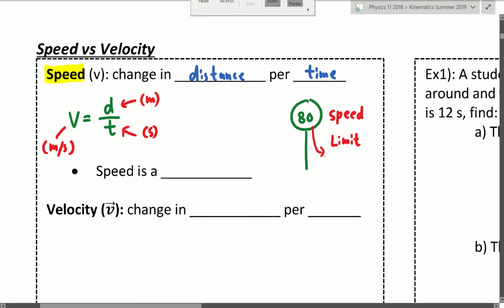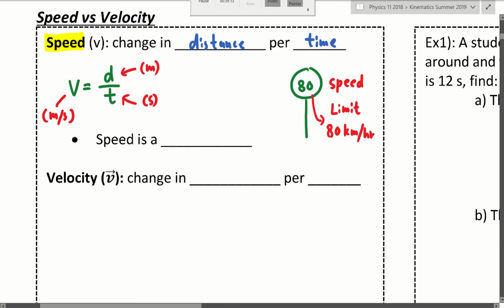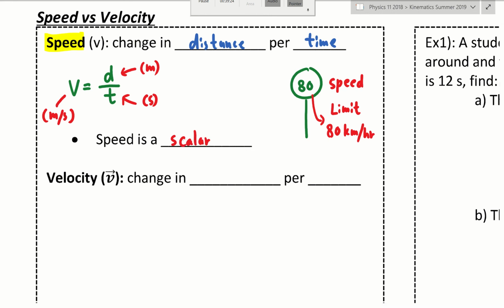Usually the speed limit on the street is actually measured in km per hour, just a little side information, not kilometer per second. Speed is a scalar, just like distance. You don't need direction, just magnitude.